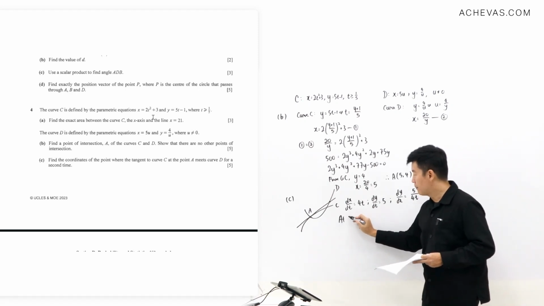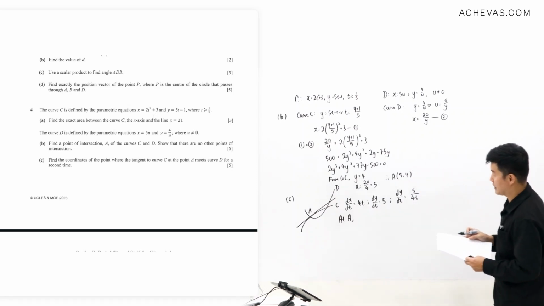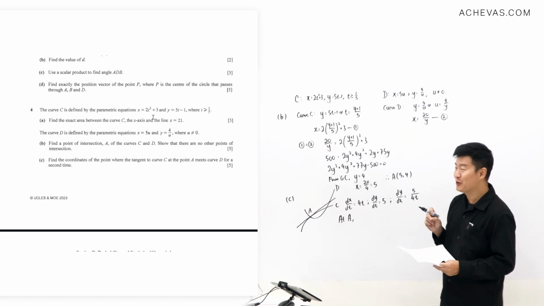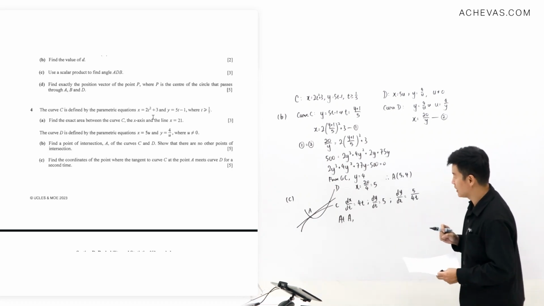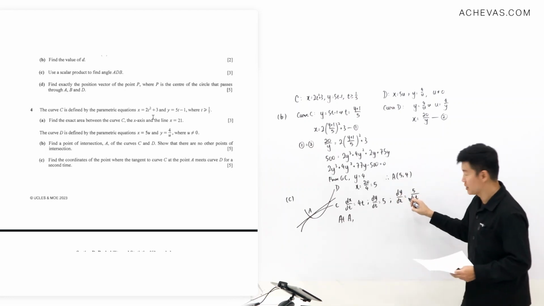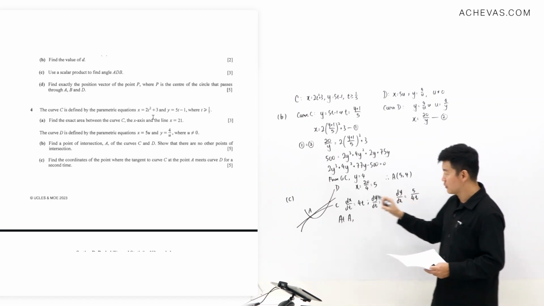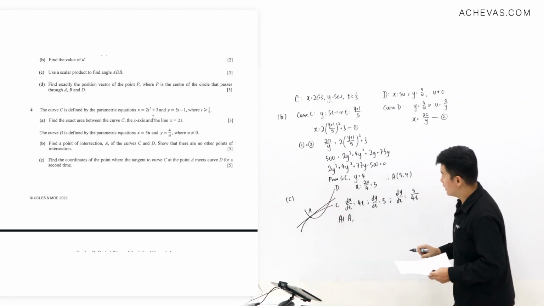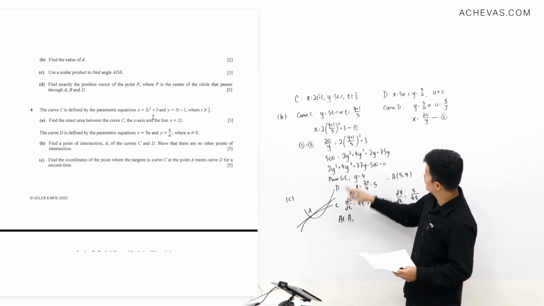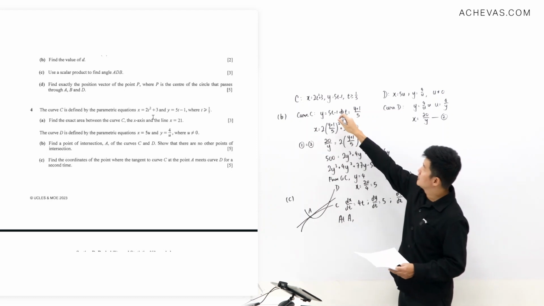And at point A, we are going to find the tangent. We already have the coordinates of point A, so we need the gradient, which is going to be derived from dy/dx. dy/dx is now in terms of t, so we want to find t at A first. Since it's going to be on curve C or D, let me just use this.